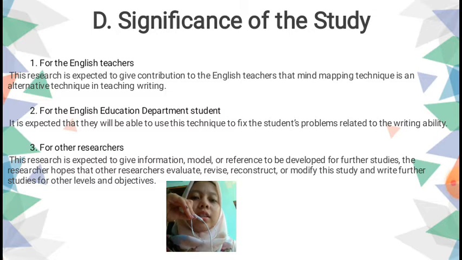For other researchers, this research is expected to give information, a model, or a reference to be developed for further studies. The researcher hopes that other researchers evaluate, revise, reconstruct, or modify this study and write further studies for other levels and objectives.